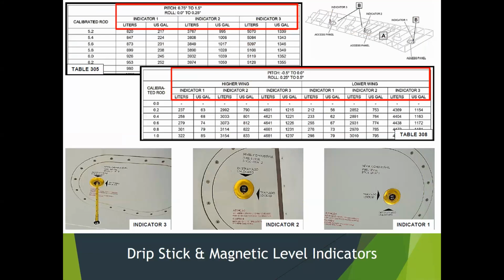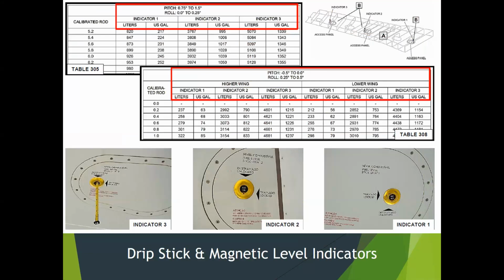Okay. And so in this case, if I did indicator 3, and let's say it was hanging down 6 inches, and with the pitch, say we were at a degree pitch and a 0 roll, 6 inches down, we would have 1,352 gallons in that wing.